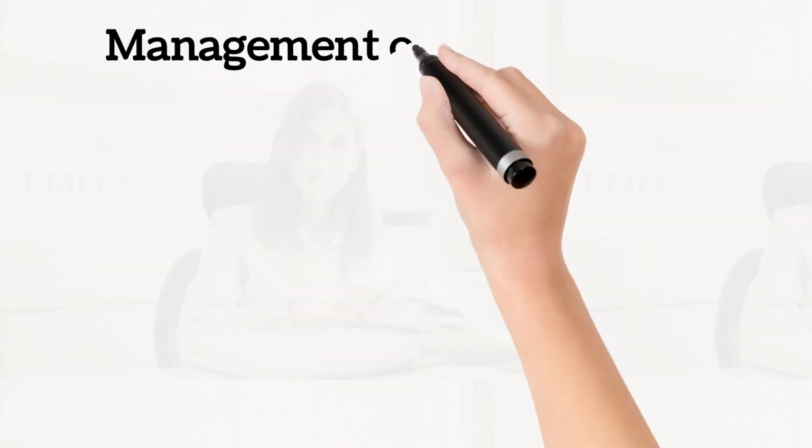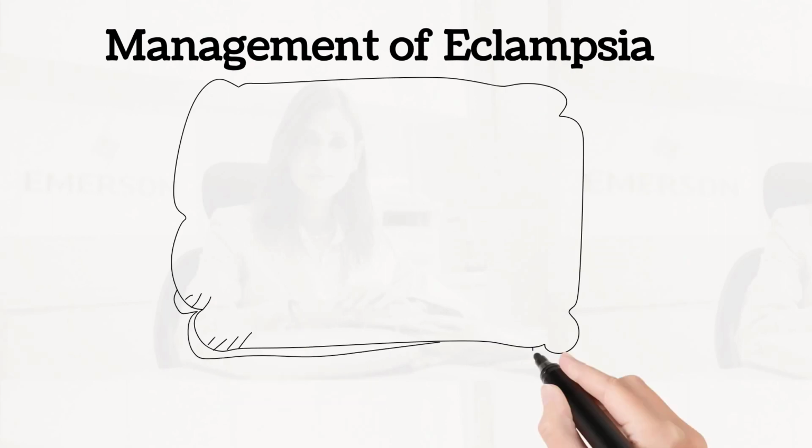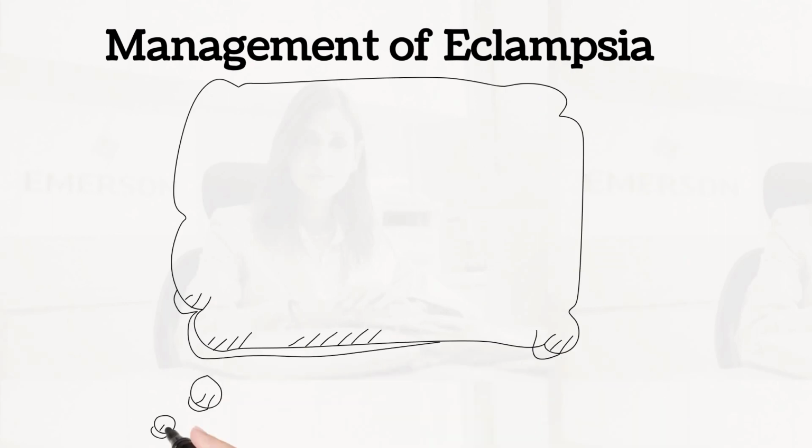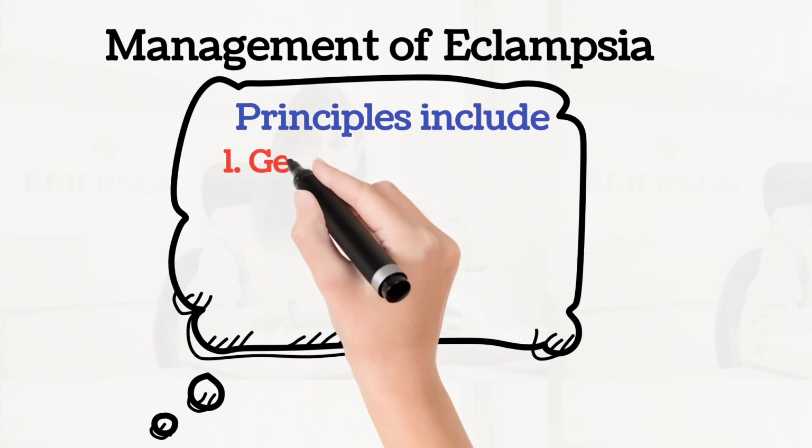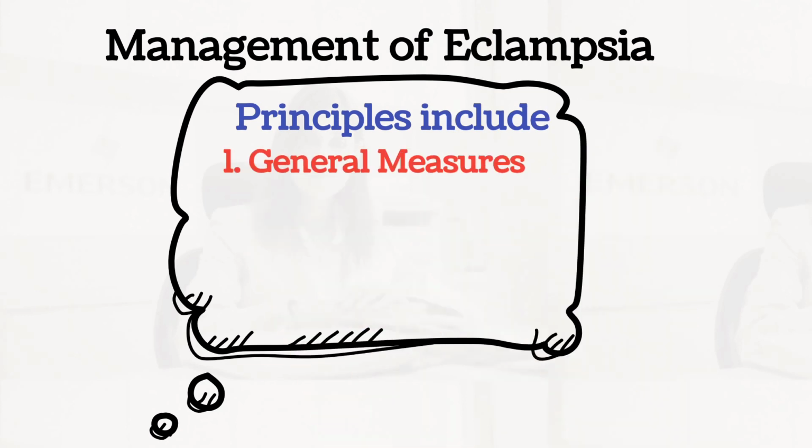So for management of eclampsia, we have principles to make the management easier. The first principle is general measures. The general measures include airway, breathing and secretions. So these are the resuscitative measures.